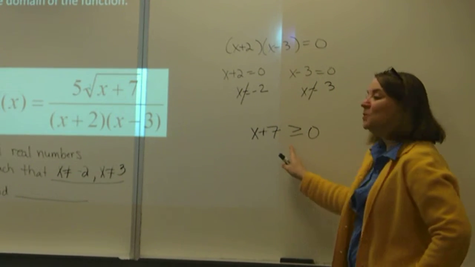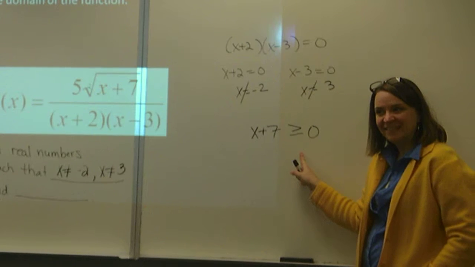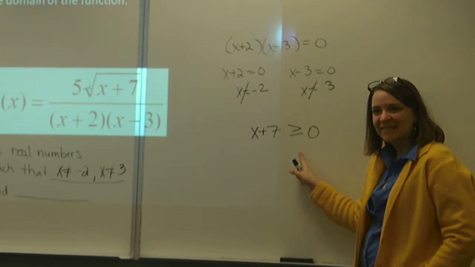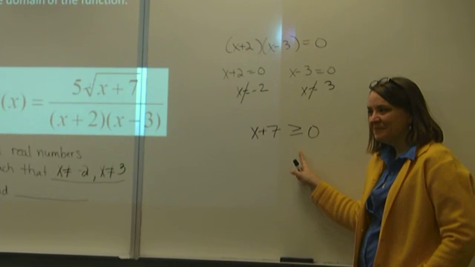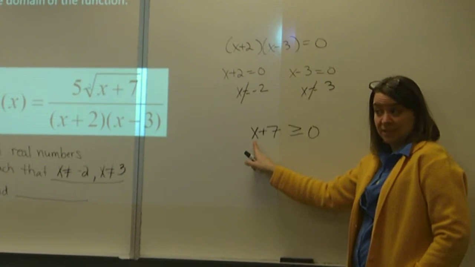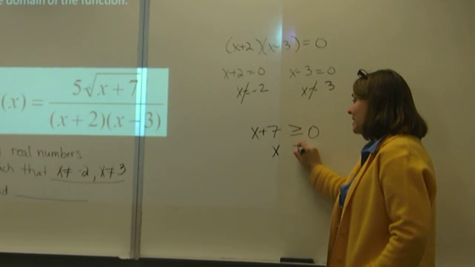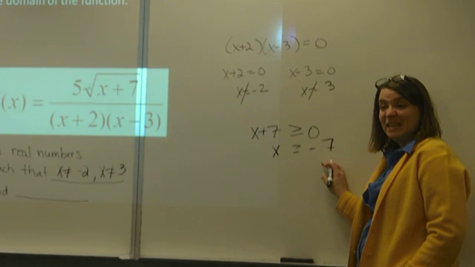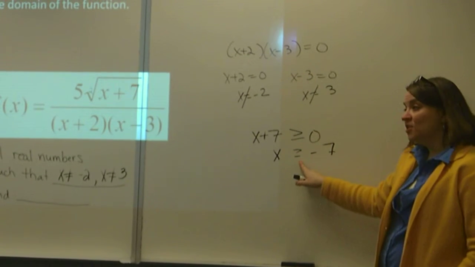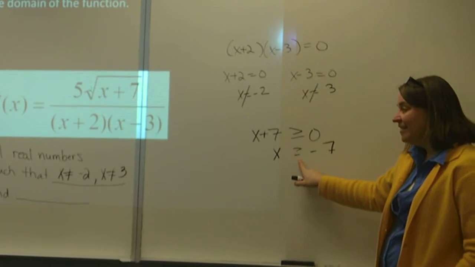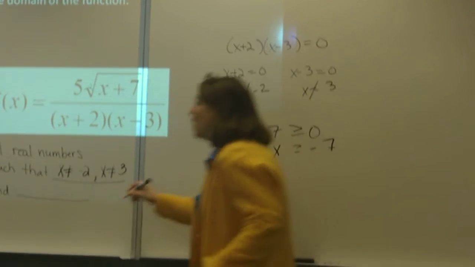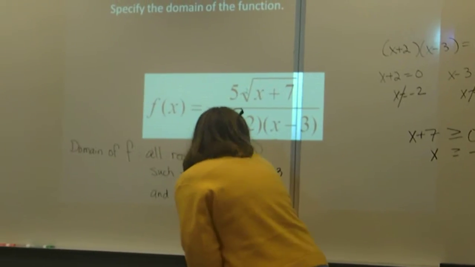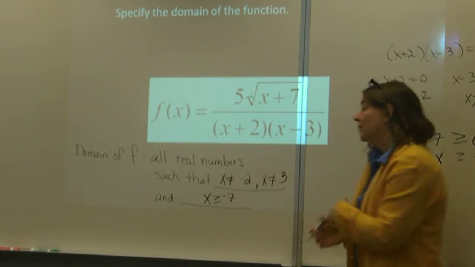So step 2, solve this inequality. We can just simply isolate x, subtract 7 from both sides. Subtracting or adding does not change the inequality. And so our domain only includes numbers where x is greater than or equal to -7.